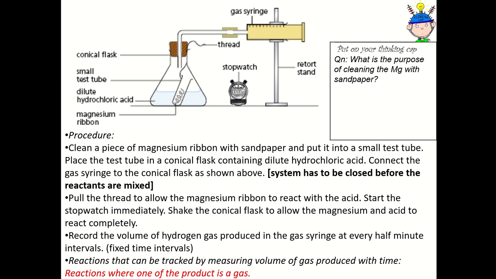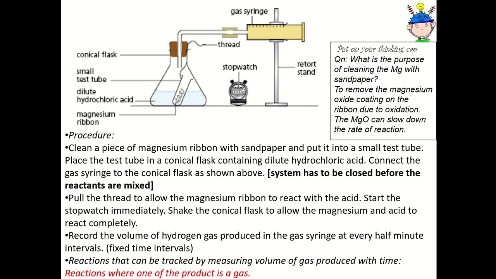So being a reactive metal, it can react with air that's around it. What do you think will be formed? So I hope you have gotten it, that indeed magnesium, because it's a reactive metal, can react with oxygen in air to form a magnesium oxide coating.